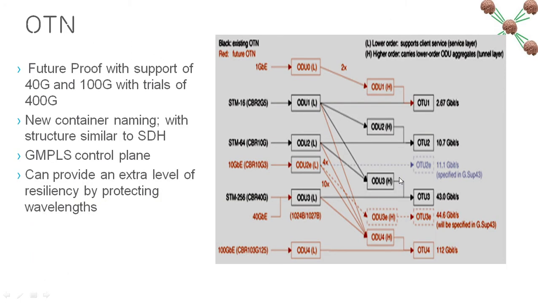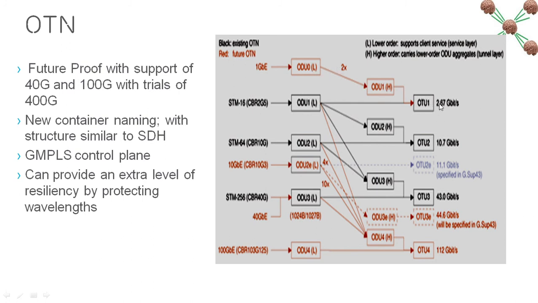So OTN, as you can say, is the future technology. It is a kind of mix of DWDM and SDH. Like we had the mapping in SDH, we have a similar mapping here: if we have a client signal and the line signal is higher, then we can multiplex client signals.